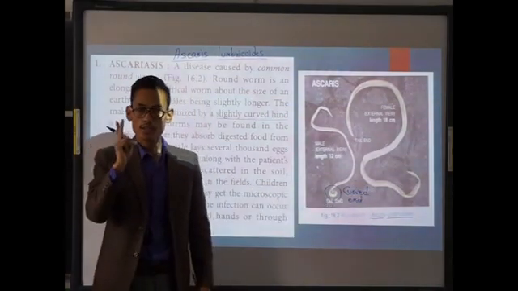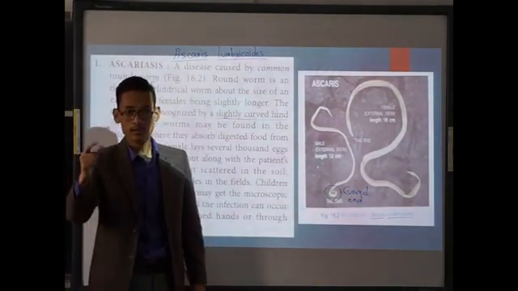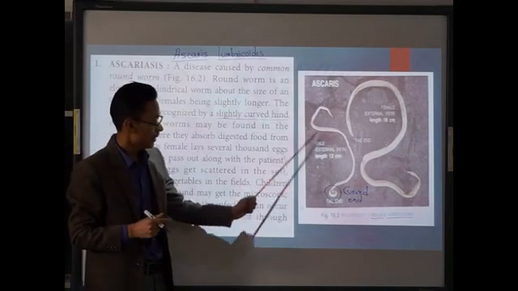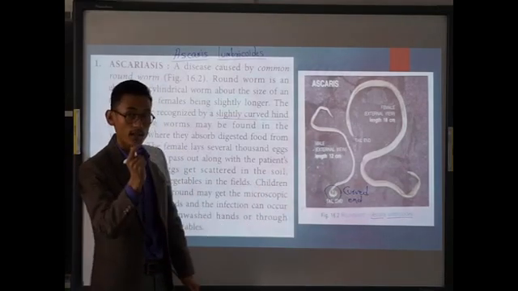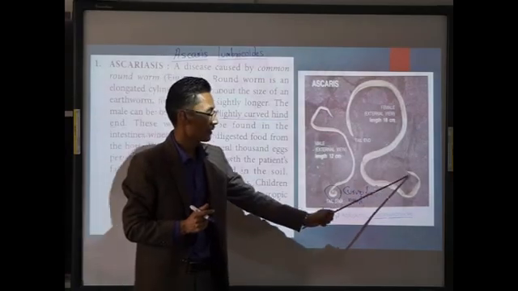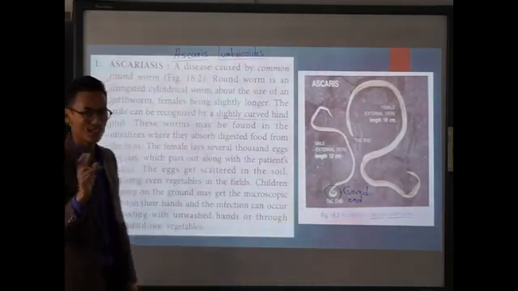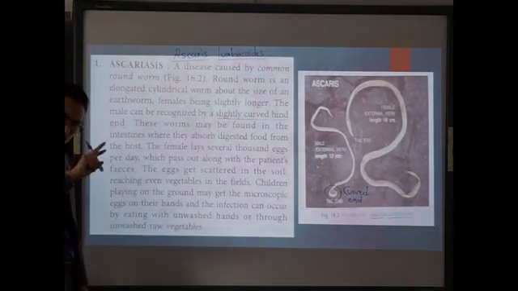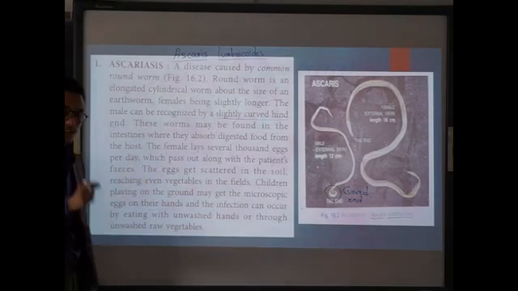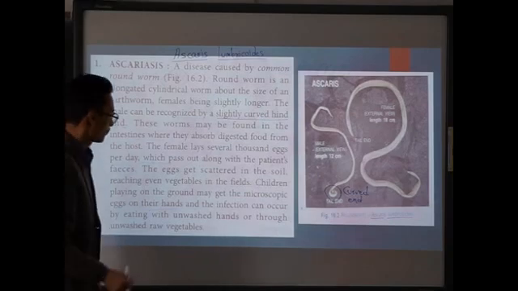So first, males are short and females are longer. Number two, in males we find a curved end and such ends are absent in females. These are the two characteristic features for the identification of male and female Ascaris lumbricoides.